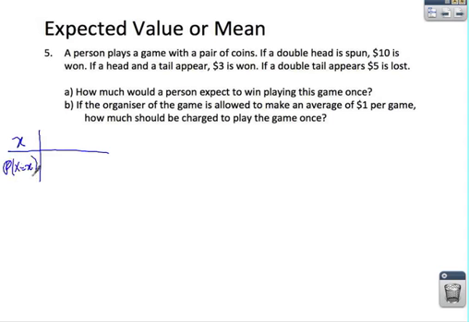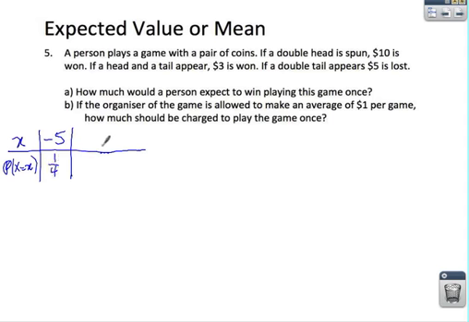So again, we're going to set up our probability distribution table, and in it we'll put the different outcomes. The first outcome would be losing 5. That would be for an outcome of zero heads or a double tail. From the probabilities that we found earlier in this lesson, we know that that probability is 1/4.